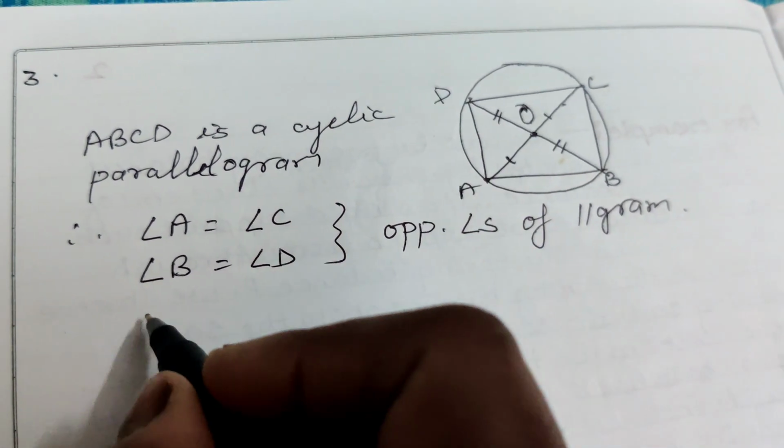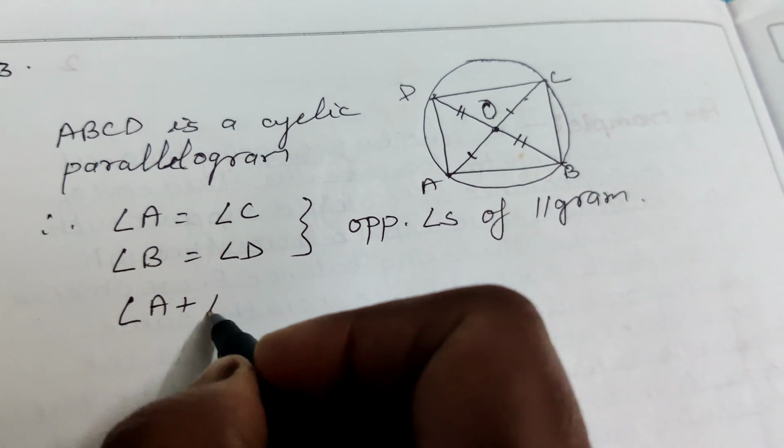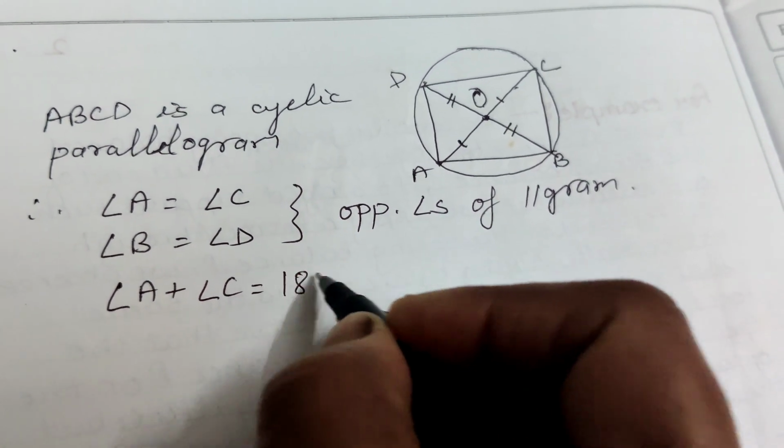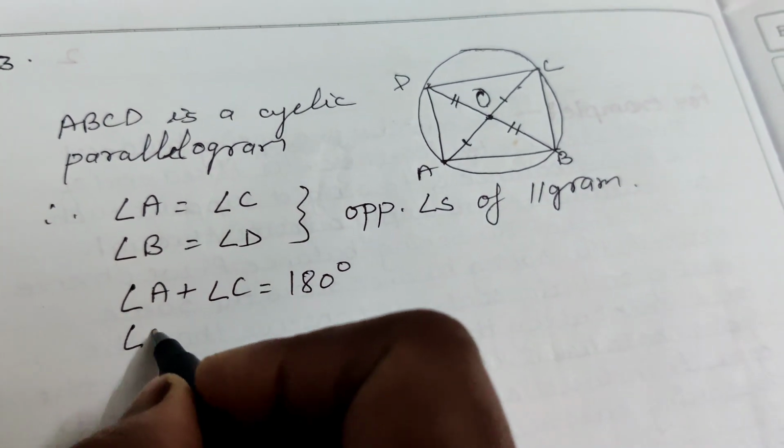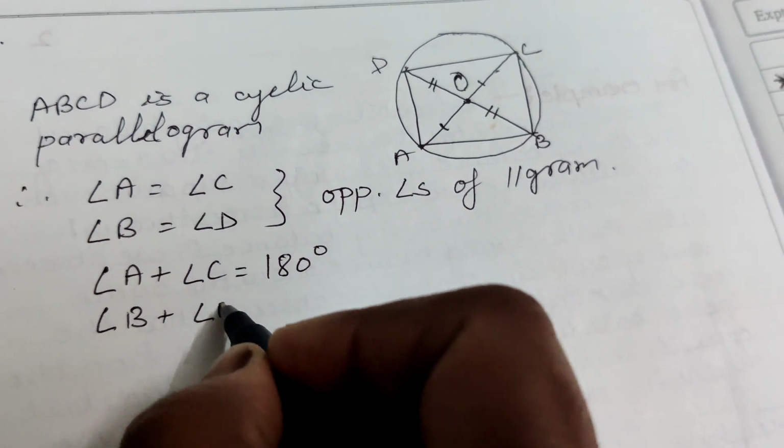And the next, angle A plus angle C equals 180 degrees, and angle B plus angle D equals 180 degrees.